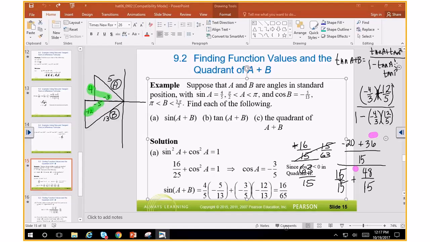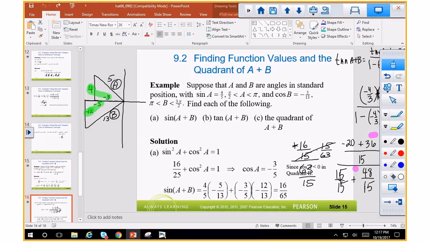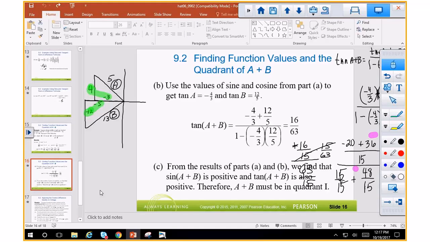Now, that doesn't sound right at all. Oh, that's the one we got before. Let's see what we get. That 63 doesn't seem right, but we'll see. So what's the tangent? Let's go down here and look at the tangent. 16 over 63.